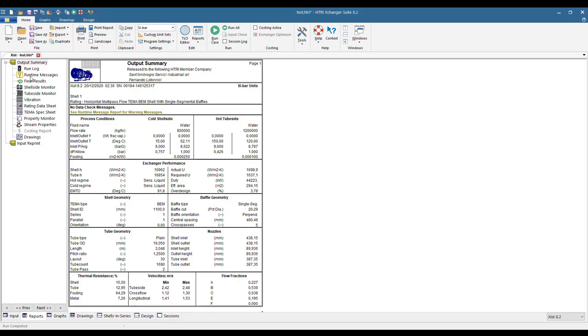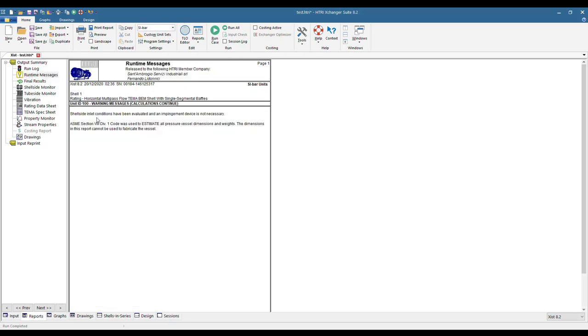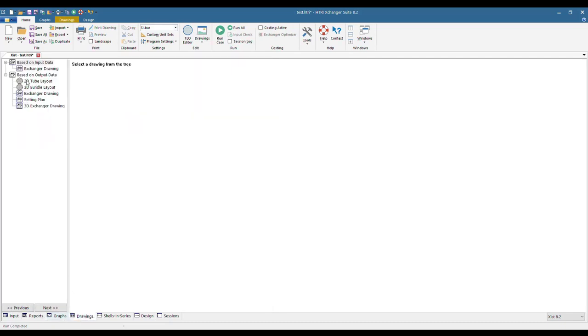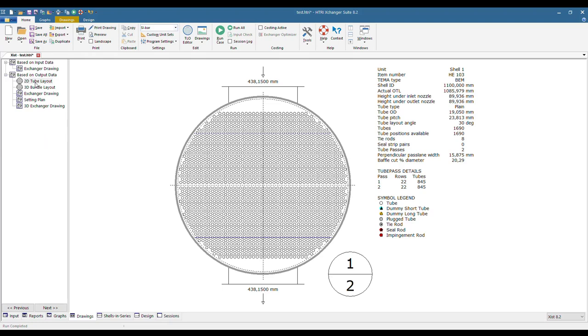Let's check if there is some kind of messages. Shell side inlet condition evaluated, an impingement device is not necessary. ASME section 8 division 1 has been used, so let's give a look to the tube sheet layout. So drawings here to the tube sheet layout.